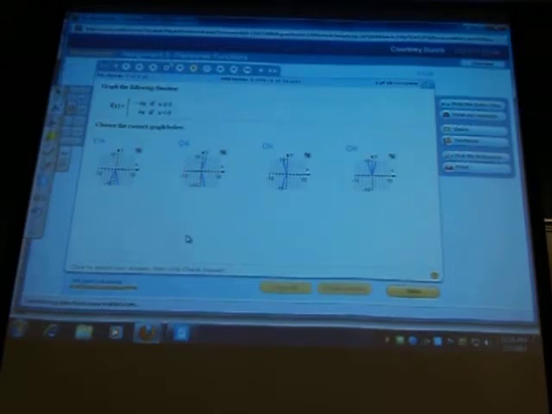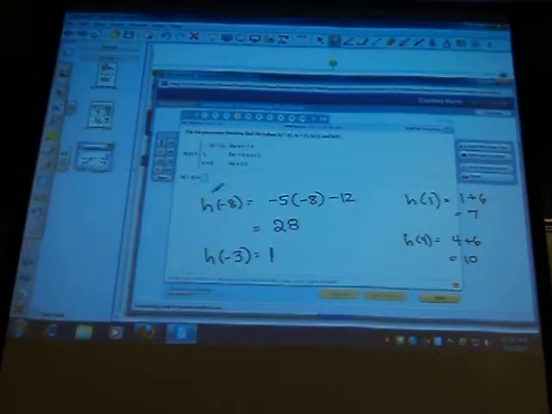Let's look at number 6 next. Did you guys get number 4? Number 6, I want to graph my equations, negative 4x and positive 4x. Let's go back to our graphing calculator.